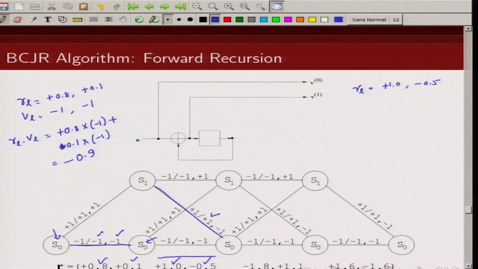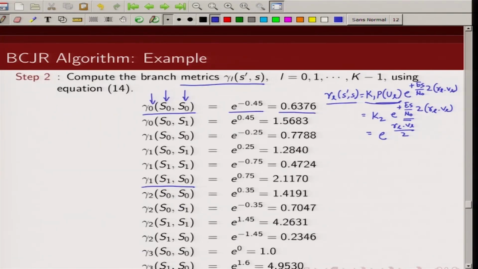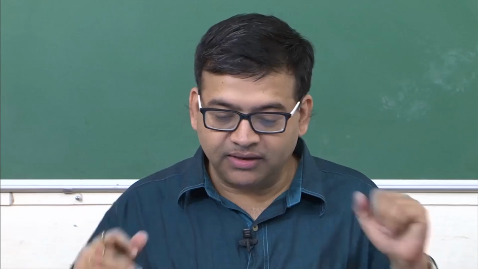It is plus 1 and minus 1. So, what would be RL dot VL in this example? It is 1 into 1 plus minus 0.5 into minus 1, so this will be 1.5. You plug that in here, 1.5 by 2, so this will be e raised to power 0.75, and that is what it is. I hope it is clear how we can compute the branch metric.